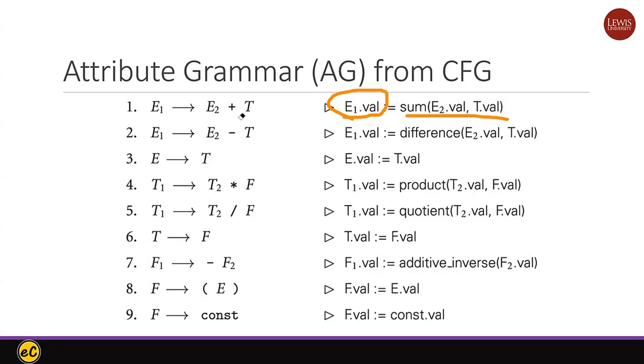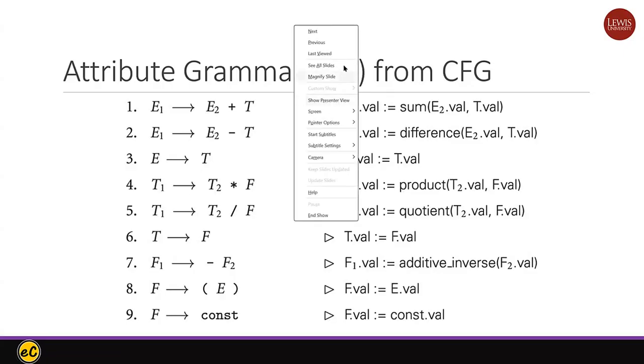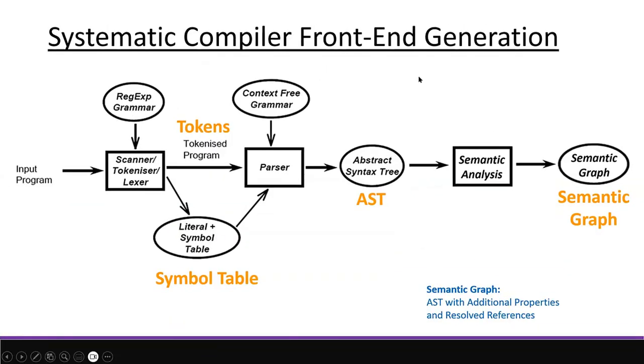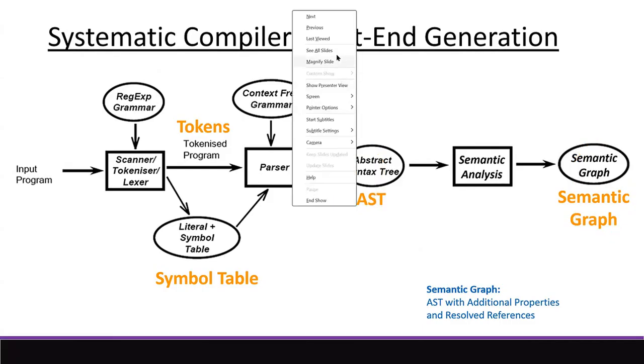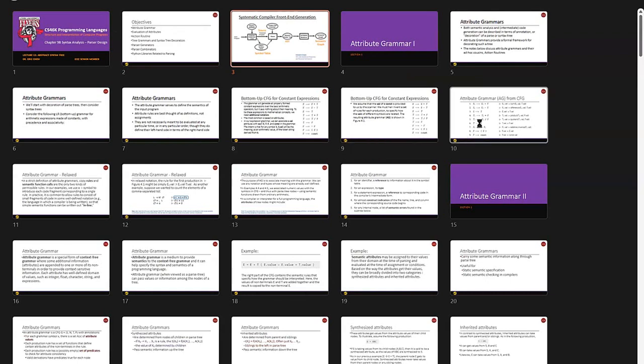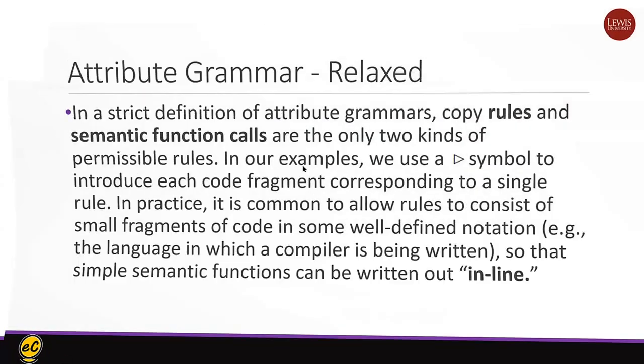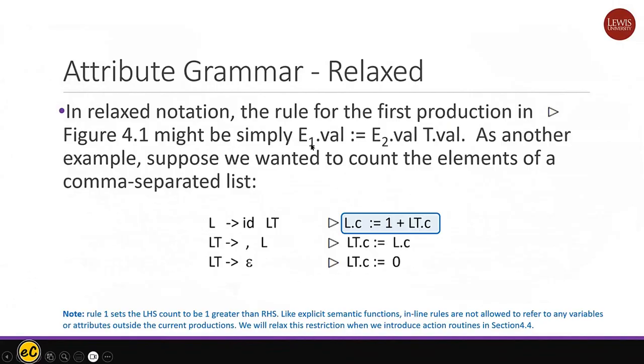So this is basically working on the semantic idea of the grammar. This is for the declaration of your syntax tree to semantic graph. You have different grammars, and we do talk about the generation of attribute grammar.